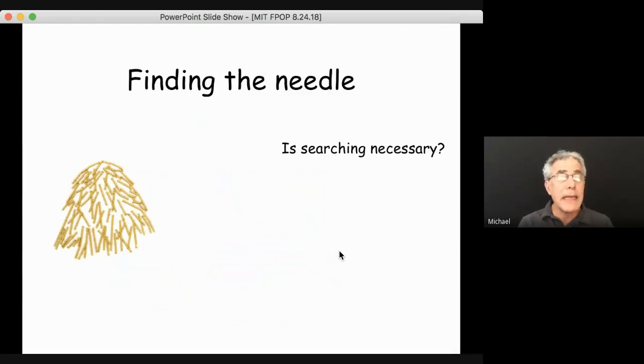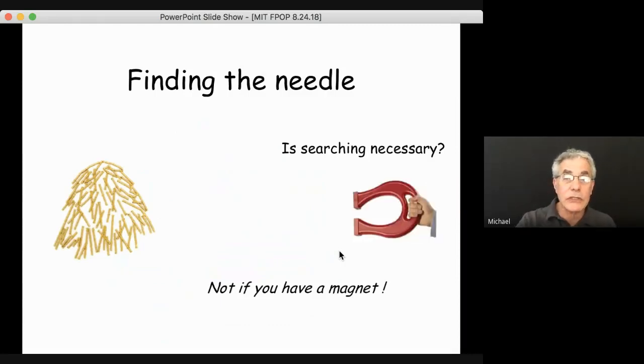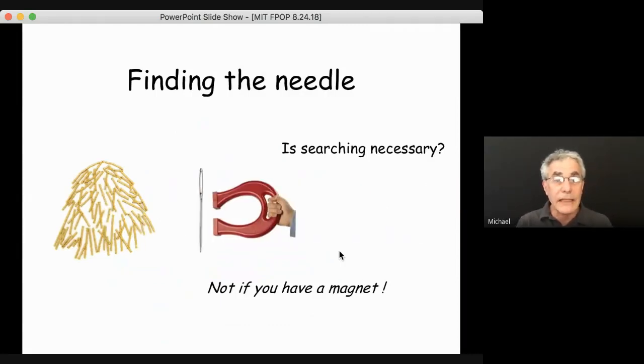Well, searching may not be necessary in this case if you have a magnet and the needle is a magnetic needle. Because then you can just bring your magnet over and the needle will just get pulled right out. So this is an example where you might be able to avoid the search, at least in this sort of analogous kind of problem.